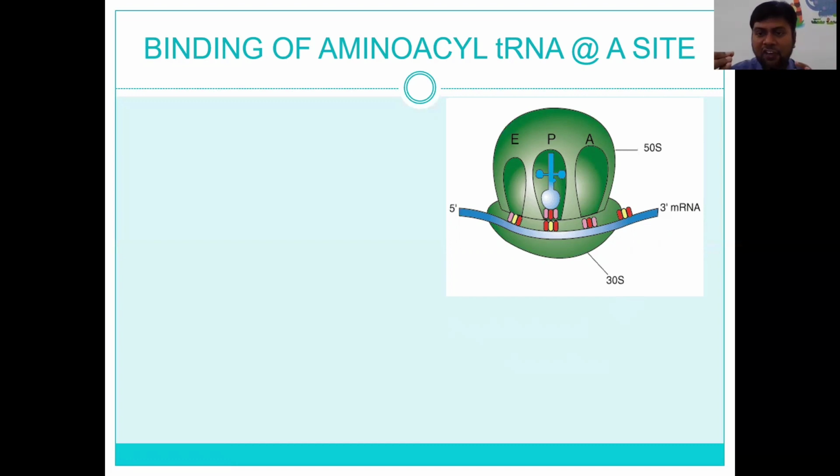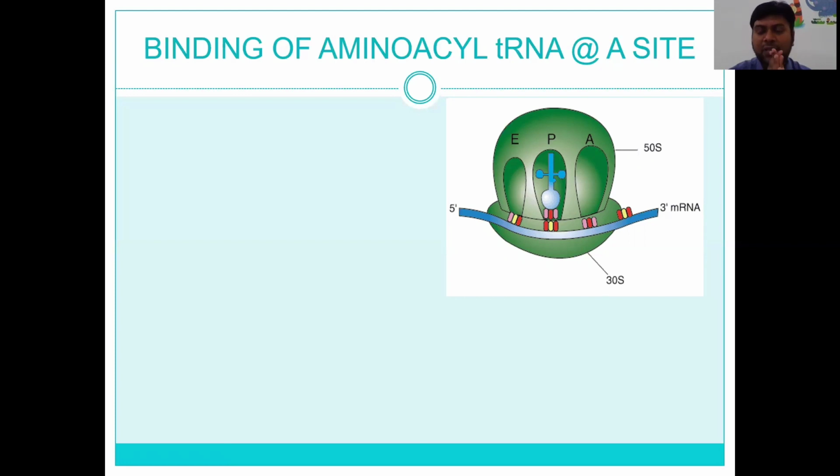This binding of threonine tRNA at the A site is similar to the binding of methionine tRNA into the ribosome. In the initiation phase, you might remember, eukaryotic initiation factor 2 bound with GTP to form a binary complex. Then it bound with methionine tRNA to form a ternary complex. Then the ternary complex entered into the ribosomes.